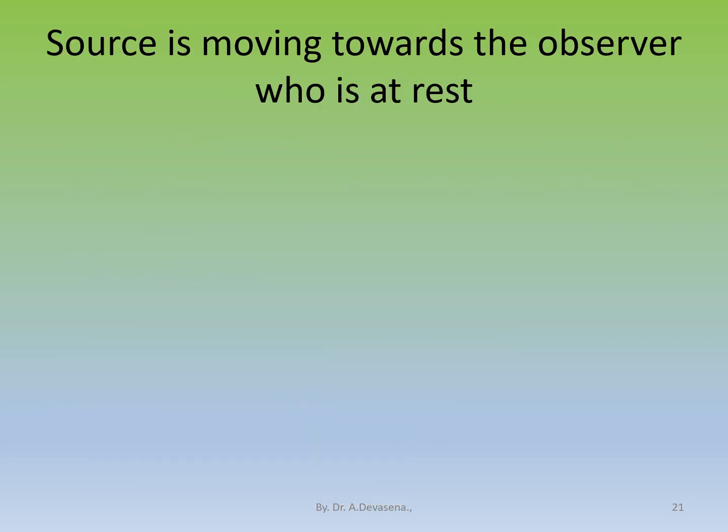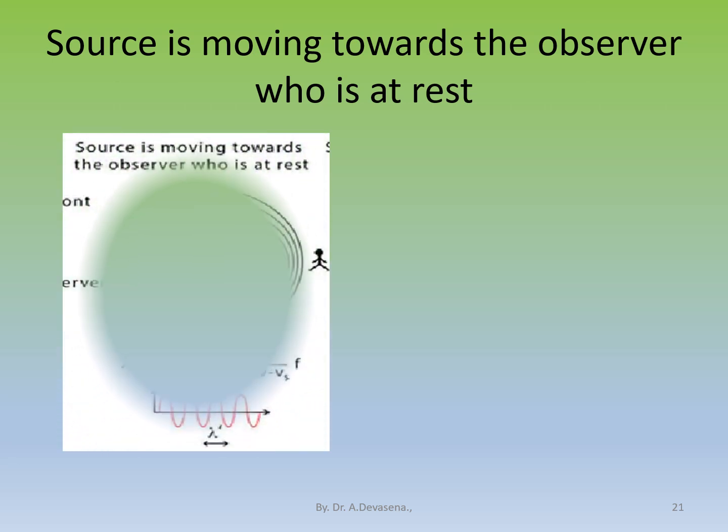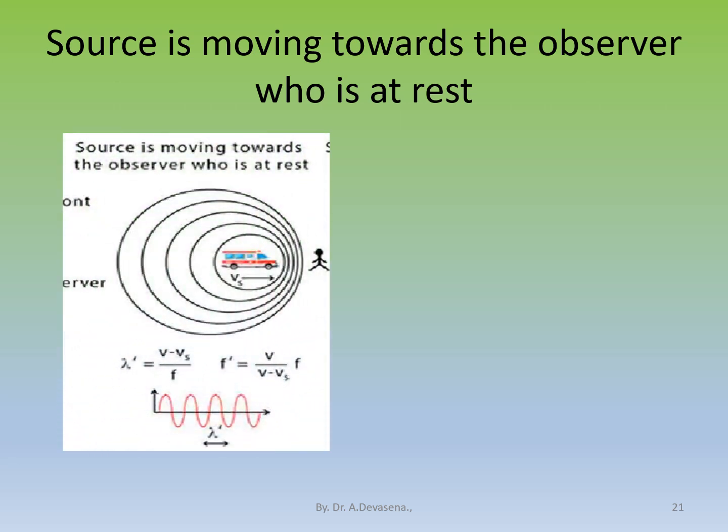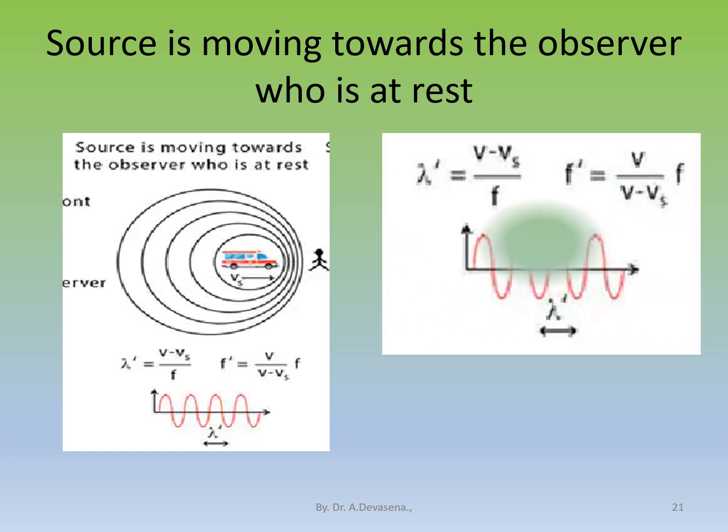Source is moving towards the observer who is at rest. In this, the source is moving towards the stationary observer. The value of lambda dash is equal to v minus v suffix s divided by f, and the value of f dash, that is the change in frequency, is equal to v divided by v minus v suffix s into f.